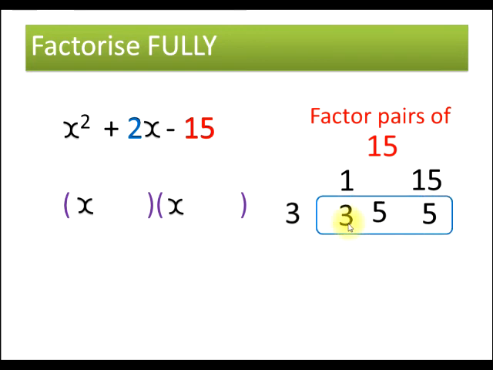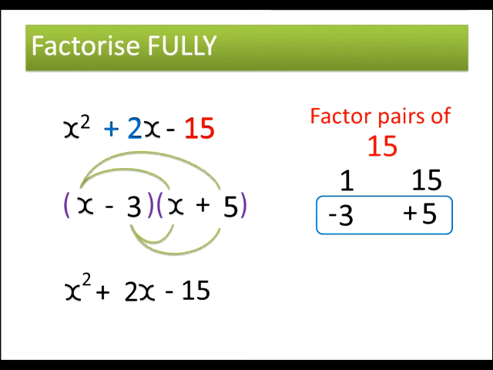So let's pop the 5 and the 3 in. Again, it doesn't matter which order. But how do I make a positive 2? Well, if I start with a 5 and I take away 3, that would give me 2. So the 5 must be a positive and the 3 must be a negative. Expand it to check it works.